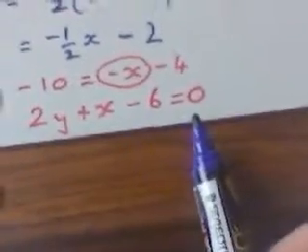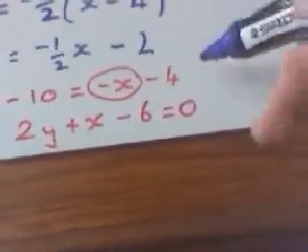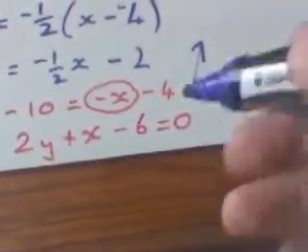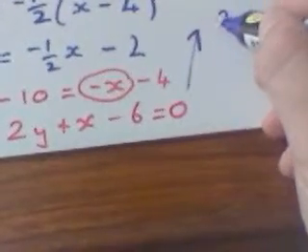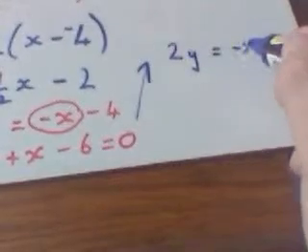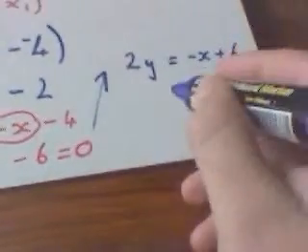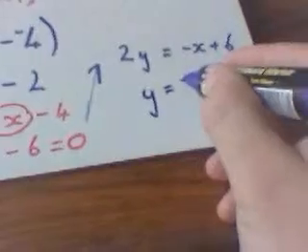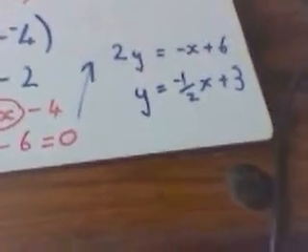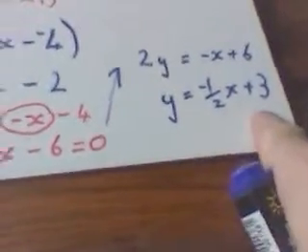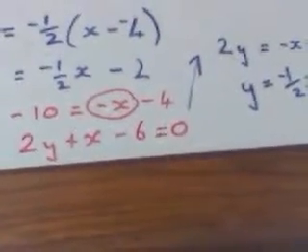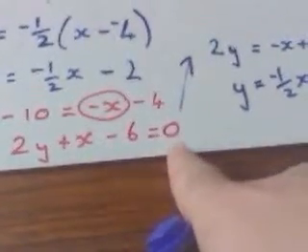That's a very tidy way to leave it, but if we do want it in the form y equals mx plus c, which isn't necessary at this point, we could have 2y equals minus x plus 6, and simply divide by 2 gives us y equals negative half x plus 3. This isn't necessary, because usually we're asked to leave it in the form ax plus by plus c equals 0.